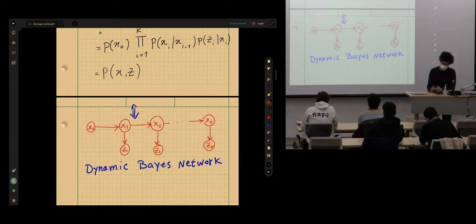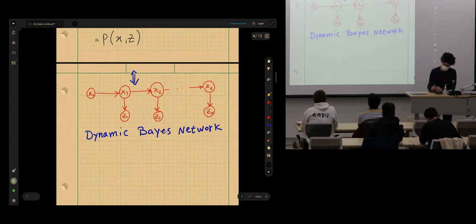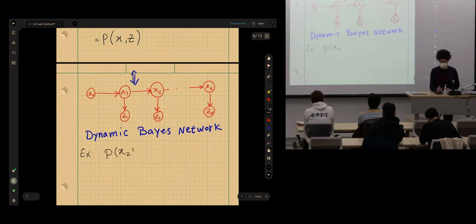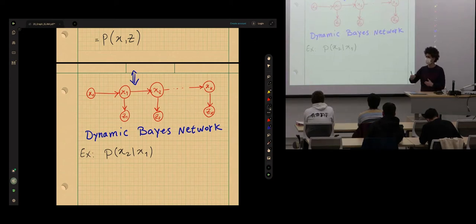For example, P of x2 given x1. This is a transition model from x1 to x2. And time moves forward. So the arrow shows the direction we move.